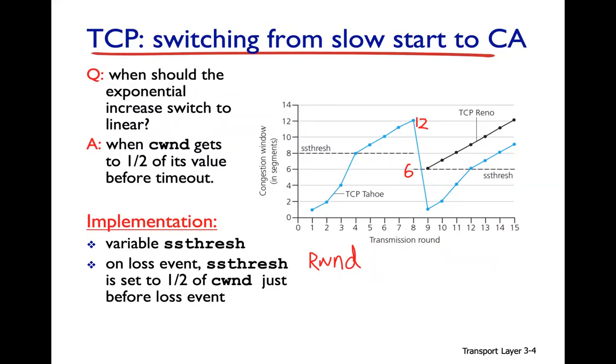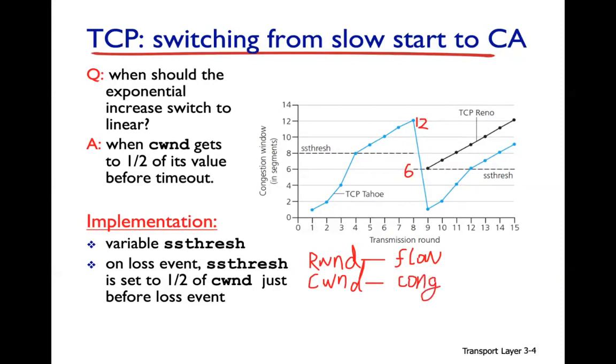This means how much buffer I have at the receiver side. This is for flow control. And the other one is the congestion window, which is for congestion control.